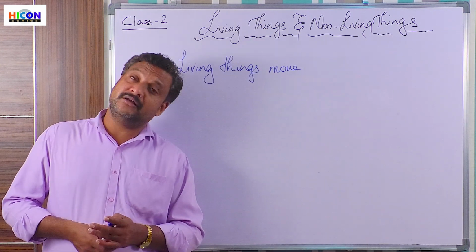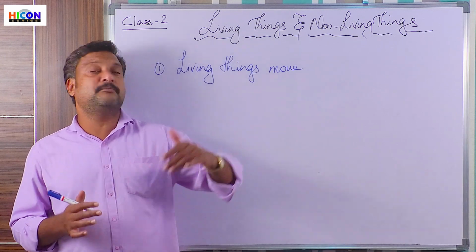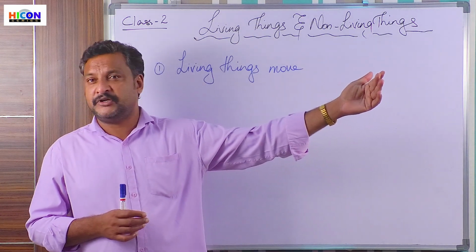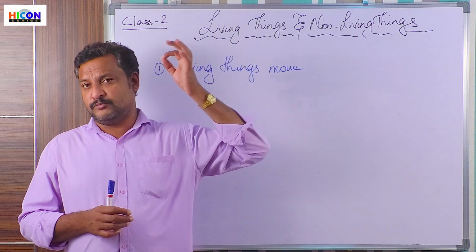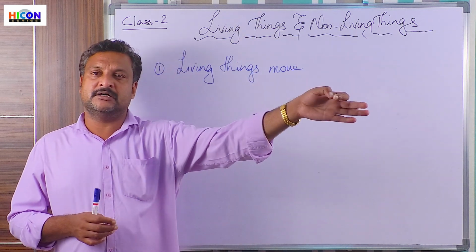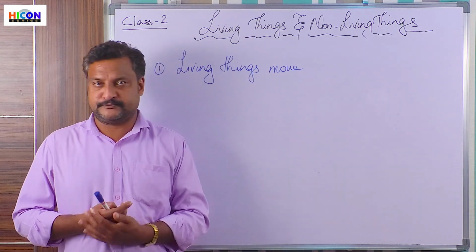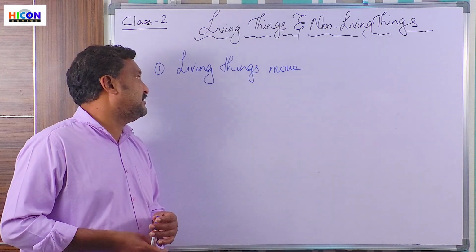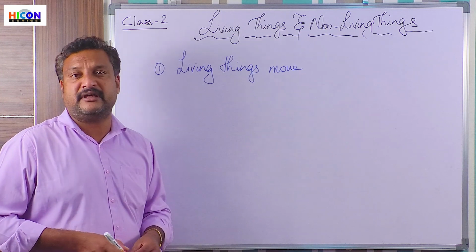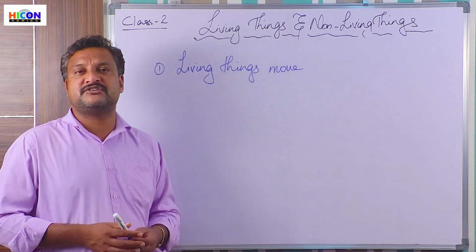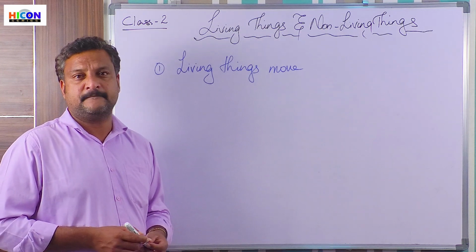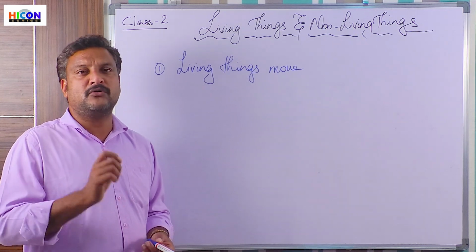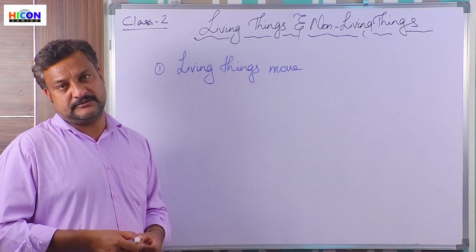Obviously, clearly, they cannot move from one place to other. It's impossible for plants to move from one place to other, but they can move. So the first and foremost speciality of living things is that the living things move from one place to other.